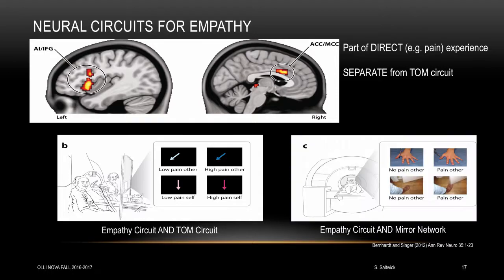If the test, as shown on the right, is just a subject in the scanner seeing a picture of how another person will experience pain, the example on the top right is a prick to the hand, or below that is a stubbing of the toe, then the theory of mind network is not active, but the empathy circuit and the mirror network is active.